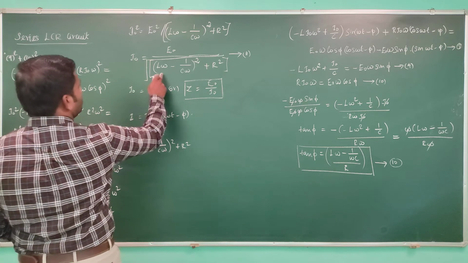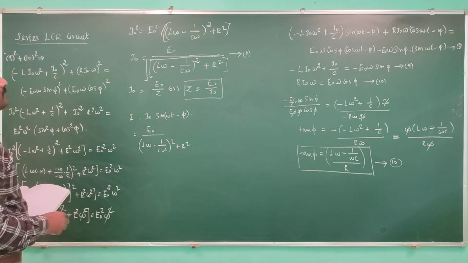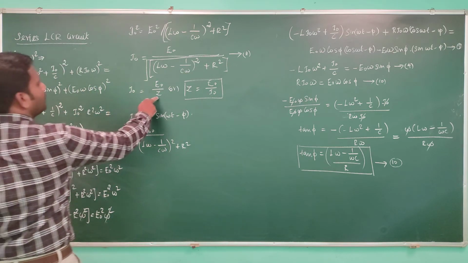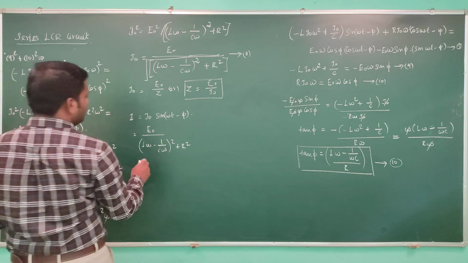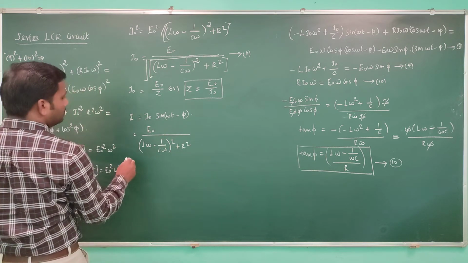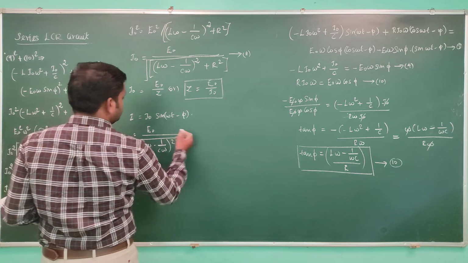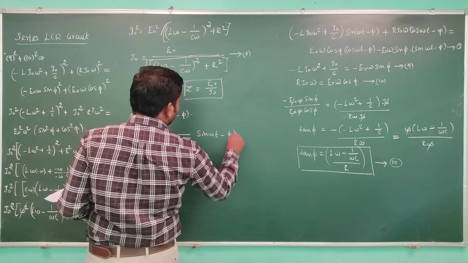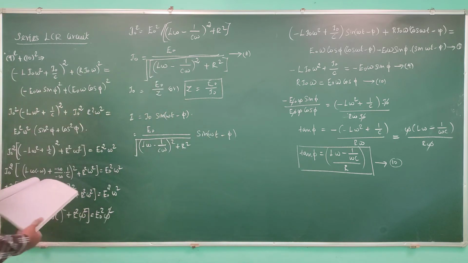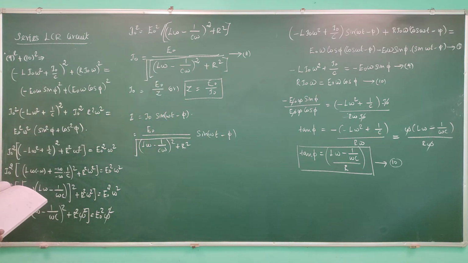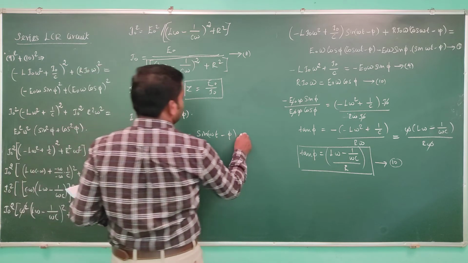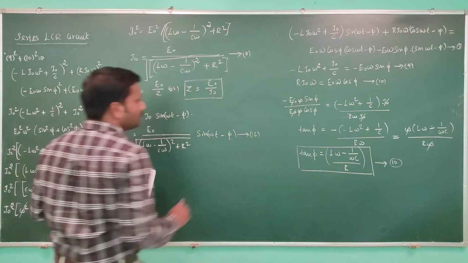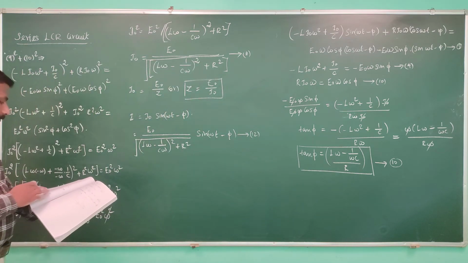The square root of (L omega minus 1 over C omega) square plus R square is the Z. So this term into sin(omega t minus phi). This is equation number 12.